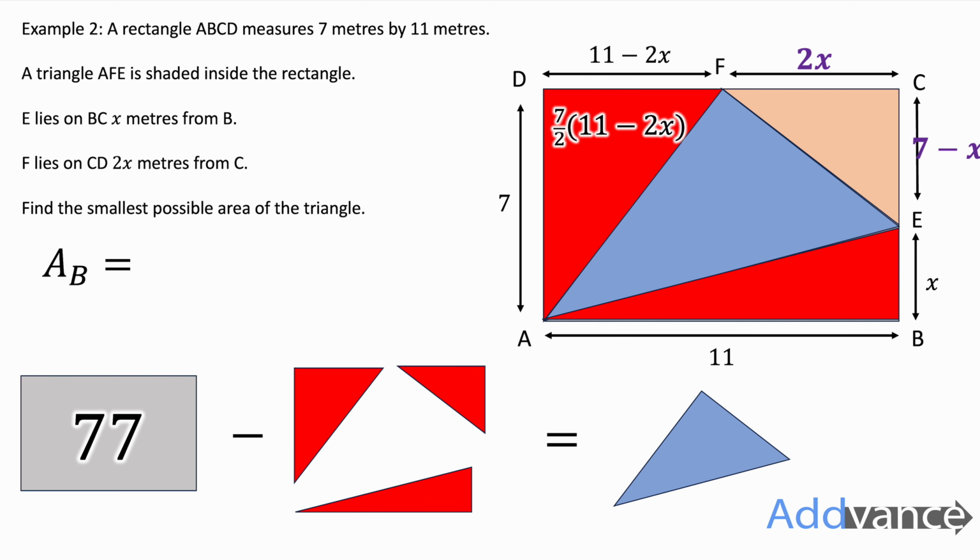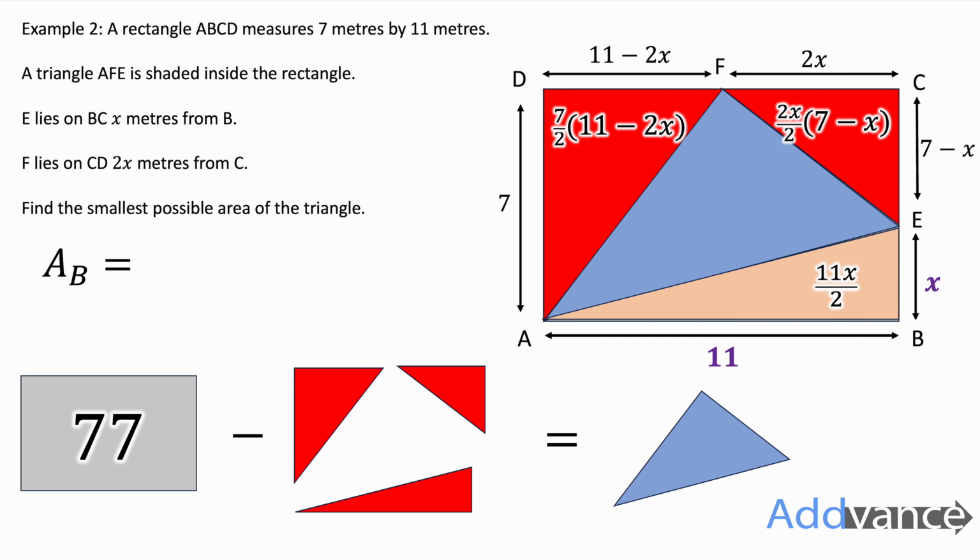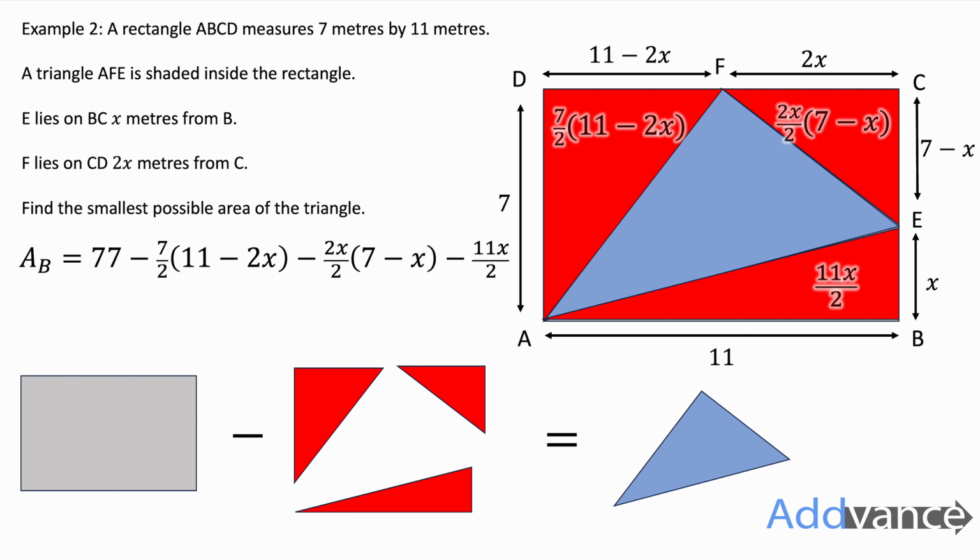Next I've got this orange triangle here, which is 2x times 7 minus x, and I divide that by 2, like that. And then finally I've got this triangle down here, which is 11 times x divided by 2. So therefore I can do the area of the big rectangle minus these 3 areas like this.